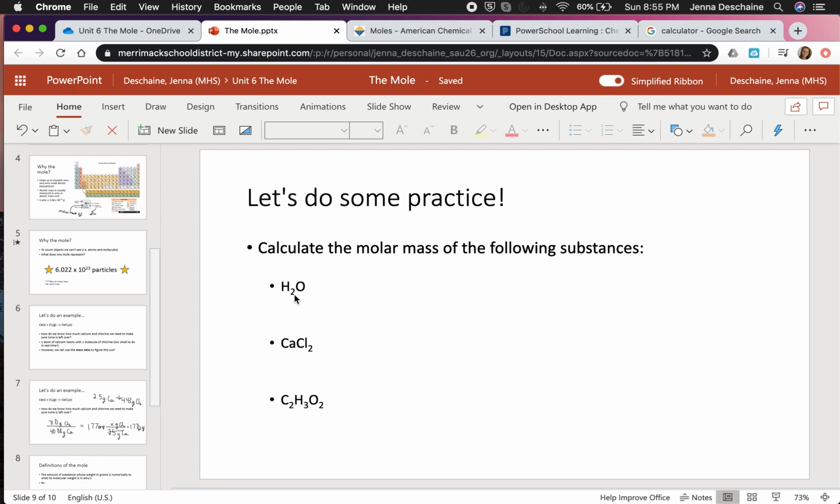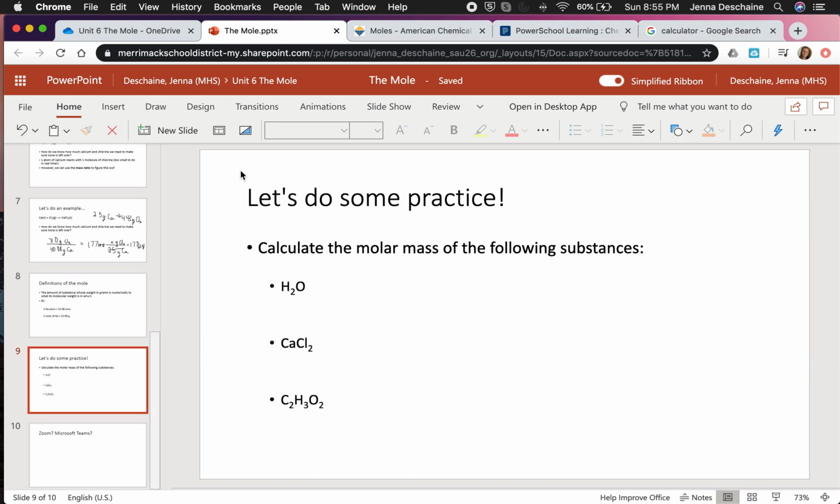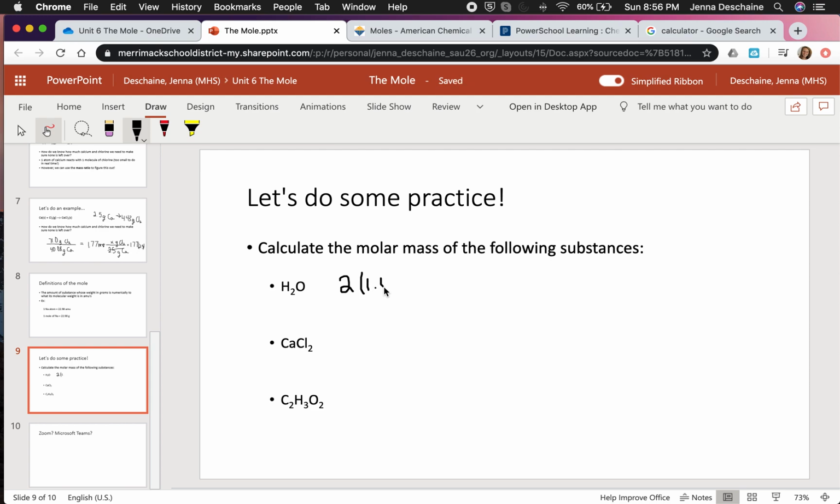So I have 2 atoms of hydrogen, 1 atom of oxygen. If I look, each hydrogen atom weighs 1.01 grams, and each oxygen weighs about 16, all right? So all I would do is draw 2 atoms of hydrogen times 1.01 plus 1 atom of oxygen, which weighs around 16, and this is going to be measured in grams.